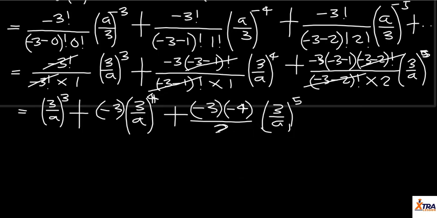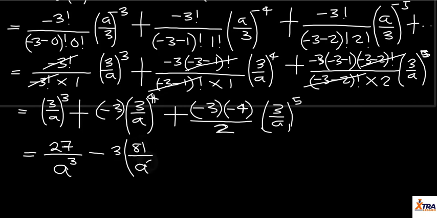Breaking this down, all I need to do is simplify the following. I know 3 raised to power 3 is 27 over a raised to power 3, which is a cubed. Then I have plus and minus, which will give me minus.